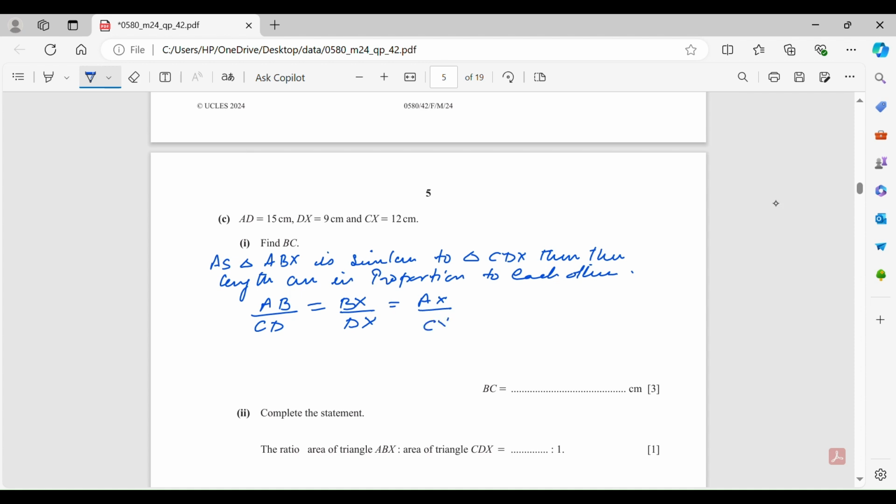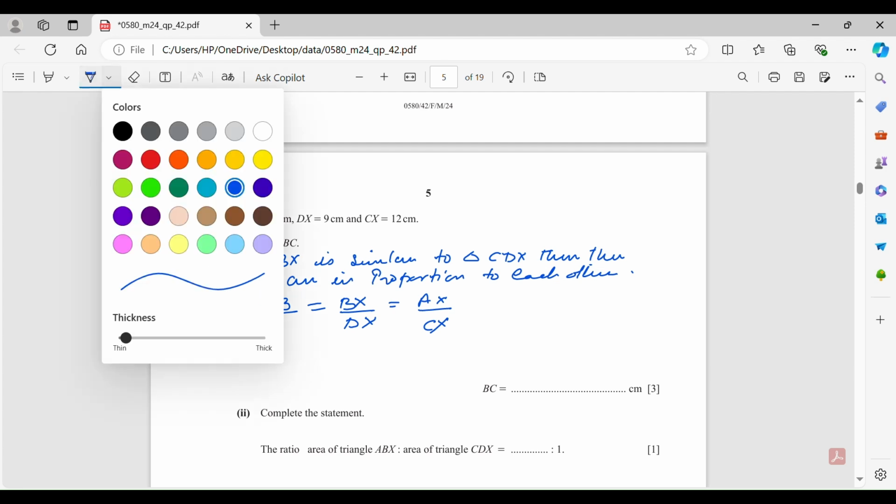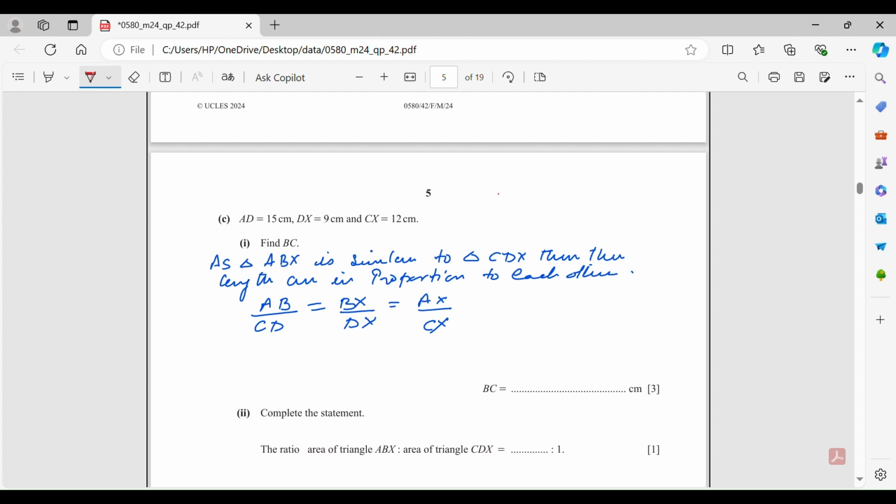Now let me make a small triangle here so that you will be able to understand this question nicely, right? I will make the figure here. It is not on scale, guys. So this will be A, this will be D, this is X, this is C, and this is B, right?